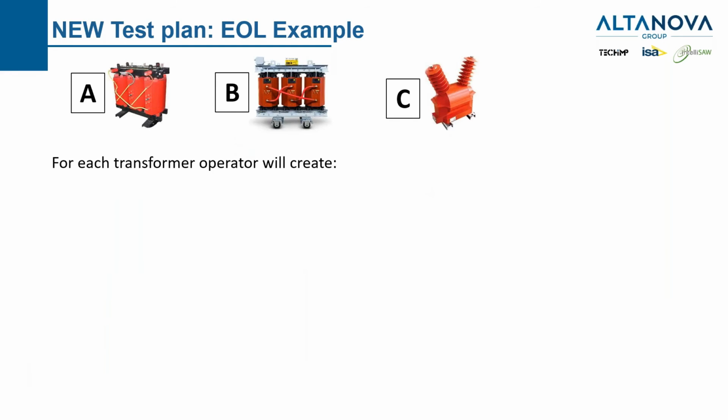So what we will need to make something more automatic: for each transformer, the operator will create a master registry. So we will have a transformer information family, like this is the type of transformer A, it is a resin cast, has 3 detection points, and so on.